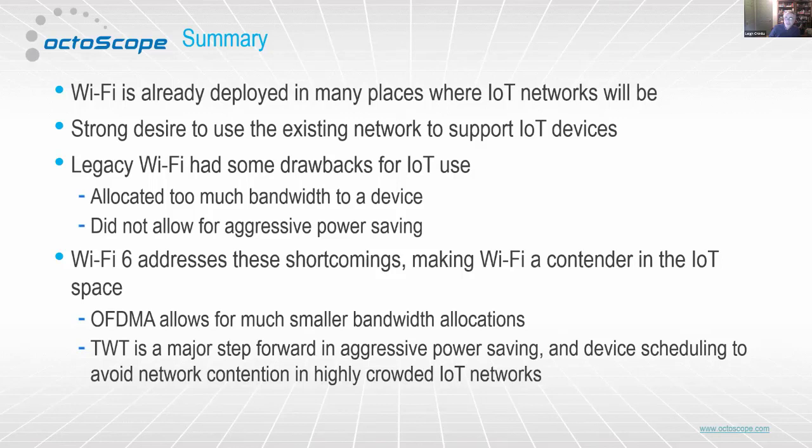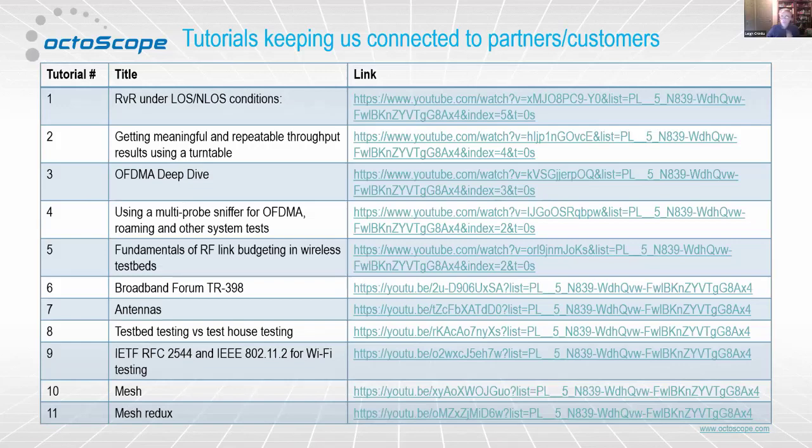Legacy Wi-Fi definitely has some drawbacks for IoT use around bandwidth efficiency and power saving, but Wi-Fi 6 really has added some strong functionality to Wi-Fi, making it a real contender in the IoT space, using things like OFDMA and TWT for aggressive power saving.